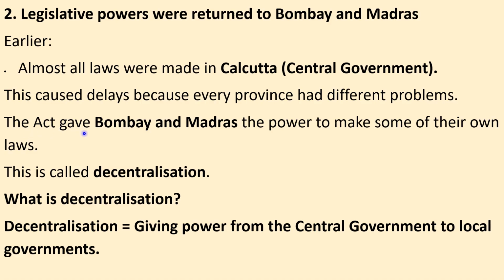The Act gave Bombay and Madras the power to make some of their own laws. This is called decentralization. What is decentralization? Decentralization means giving power from the central government to local governments.